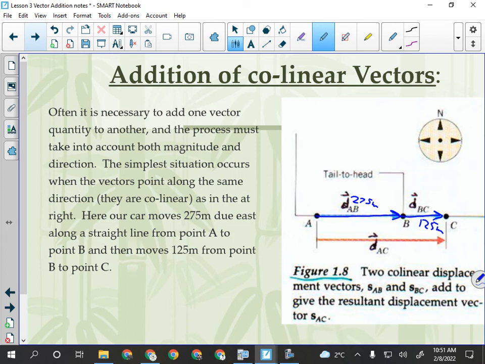Now, this can get confusing if you have something happening at the same time. That would never happen with displacement vectors because you can't go two directions at the same time. You're not like Don Quixote who got on his horse and rode off in all directions. Or like the scarecrow in the Wizard of Oz, right? Some people like to go this way, and some like to go this way, and some like to go both ways.